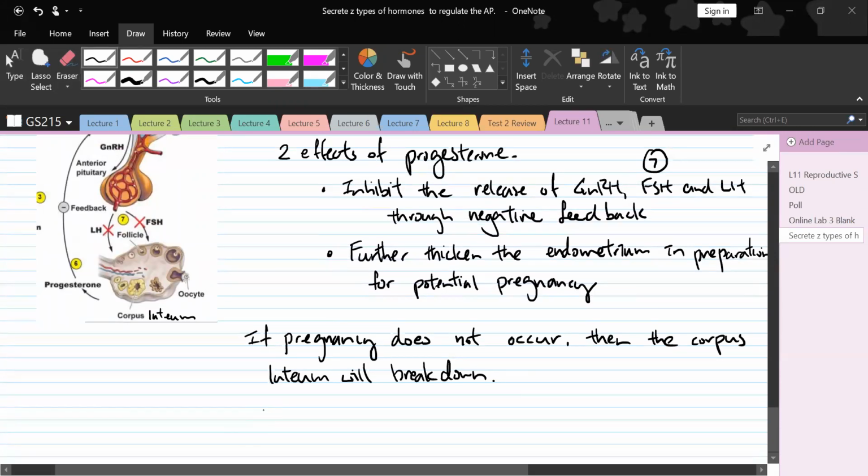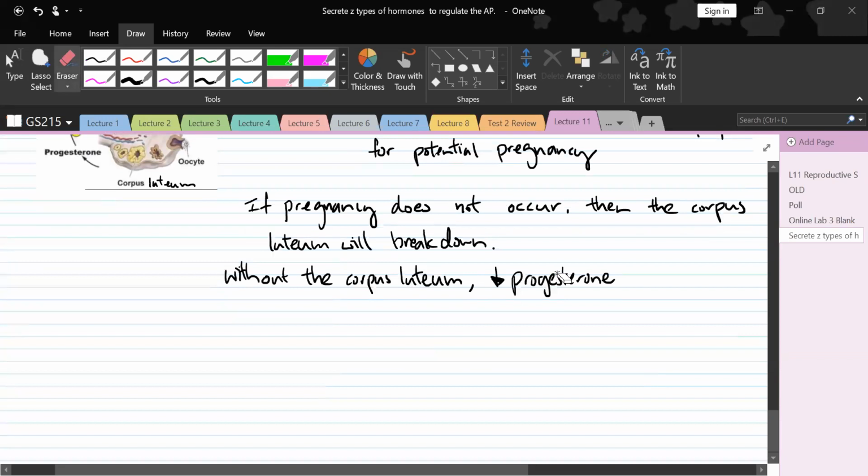So here's a couple things to think about. Without the corpus luteum, okay, you will have decrease in progesterone, right? Because the corpus luteum is the structure that is responsible for making the progesterone. With the corpus luteum gone, you would have decrease in progesterone.